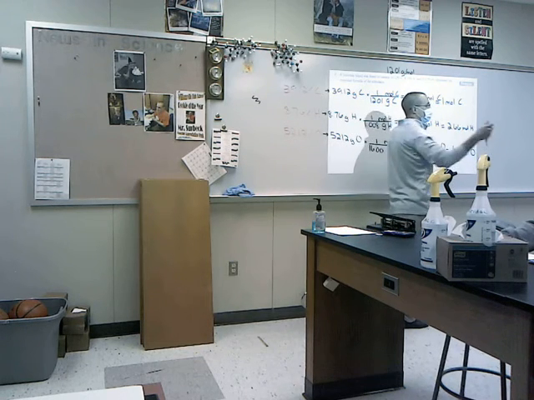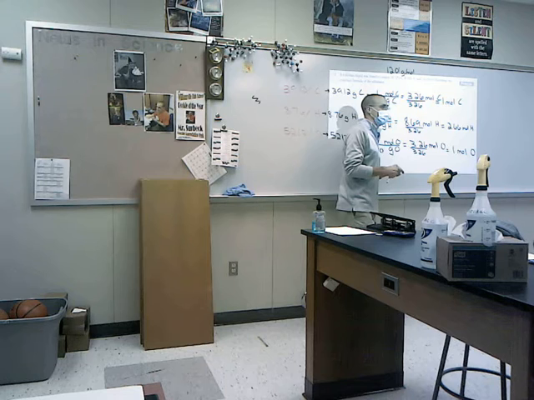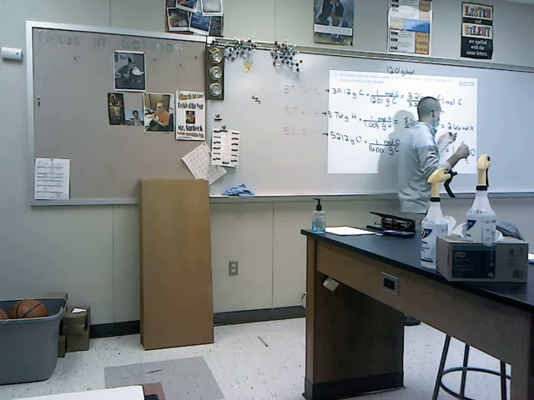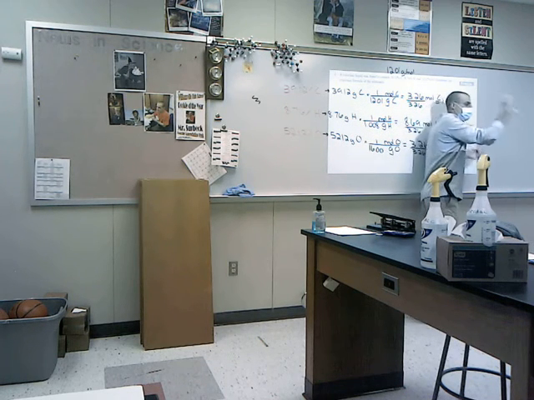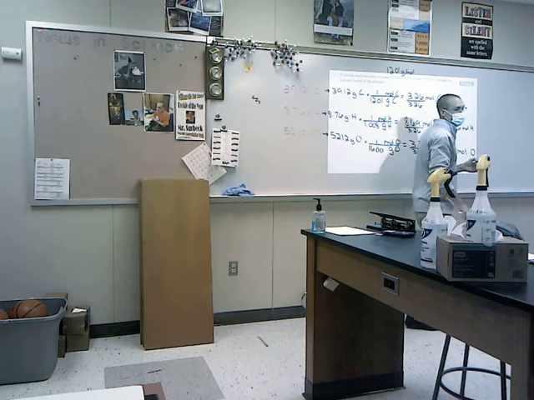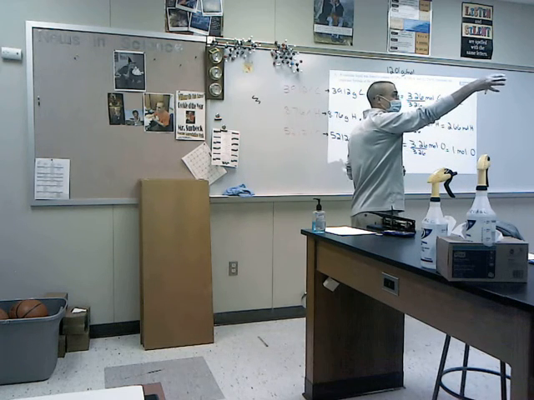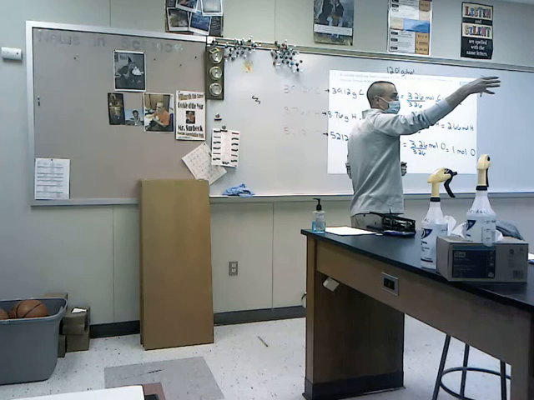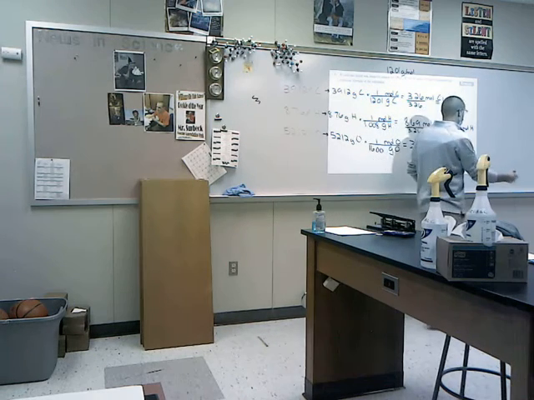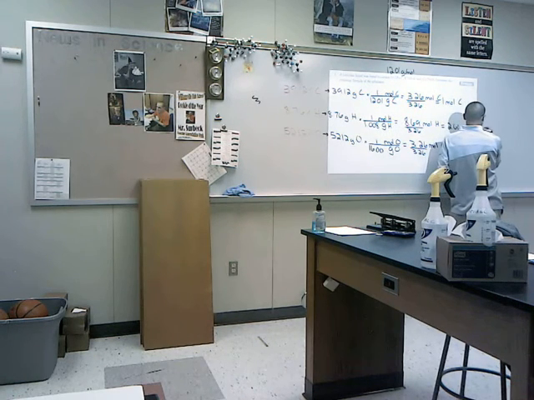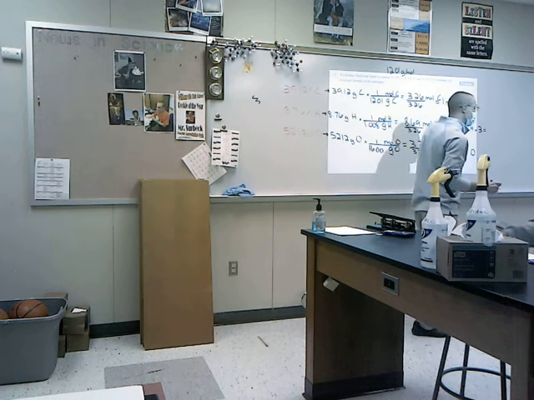Again, is that anywhere close to a whole number? No. So now we've done 2. Let's do 2.66 times 3 now. 7.98. Is that really, really close to a whole number? Yes. What would that round to? 8. It rounds to 8.